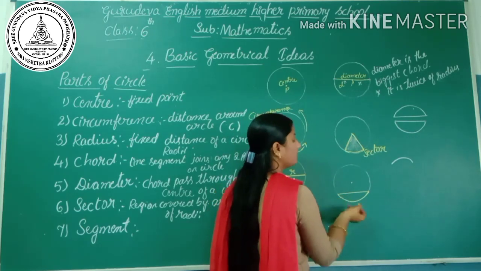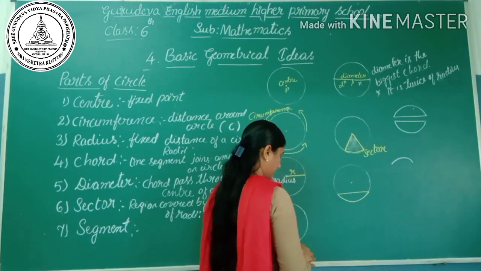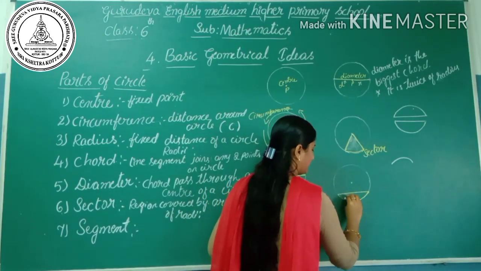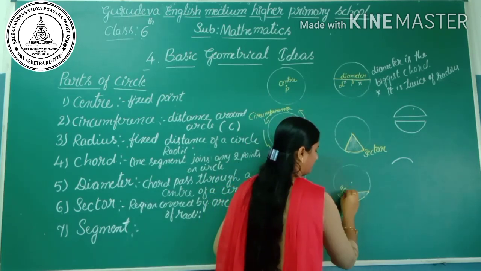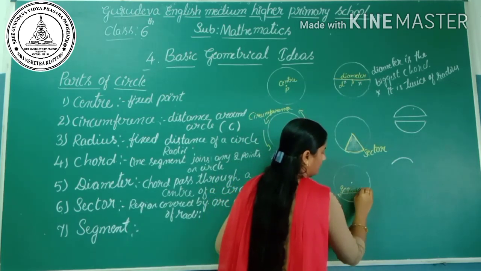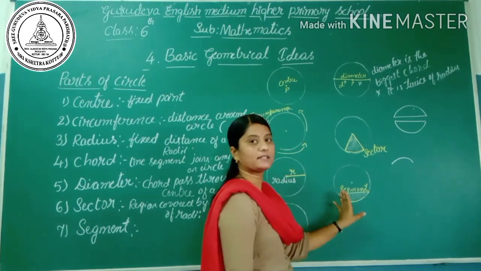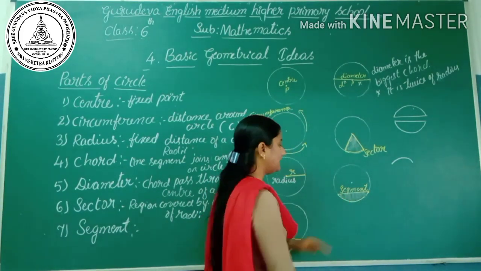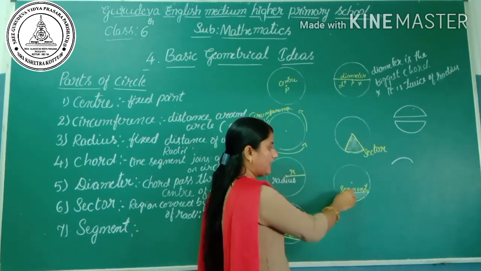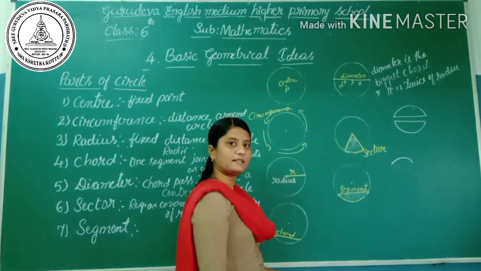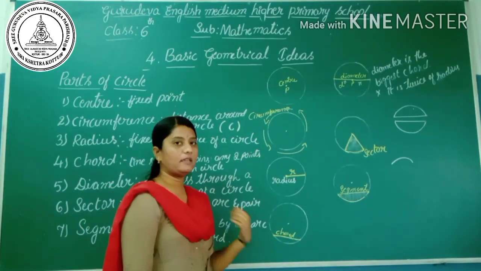So it is called the segment of the circle. Segment is the interior region of the circle enclosed by an arc and the chord. The biggest segment of the circle is the semicircle.